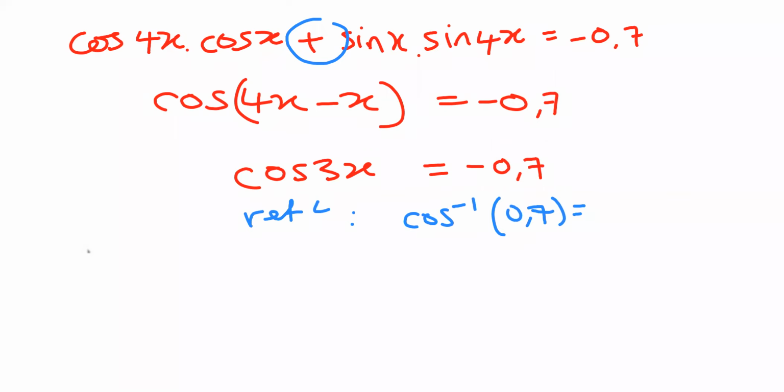I'm getting 45.5730. Okay, so if we round it off to 1 decimal place, what's it going to be? 45.6. Okay, thank you. 45.6 degrees.